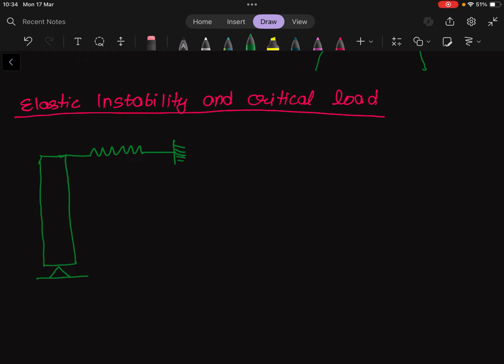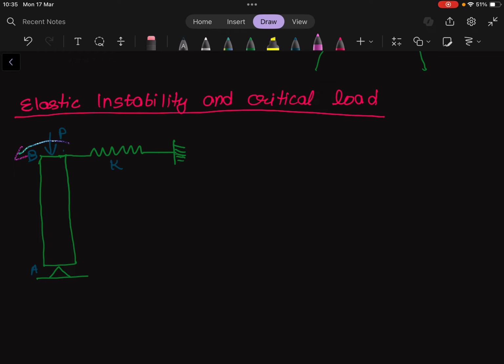It has some spring constant of K, and it is further subjected to an axial loading of P. Suppose we take this position as A, this position as B. Now suppose we are turning this column member to this side. So we can draw something like this condition.